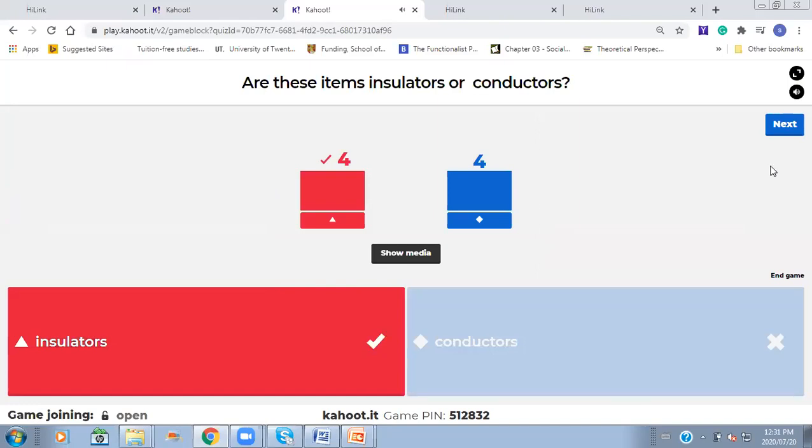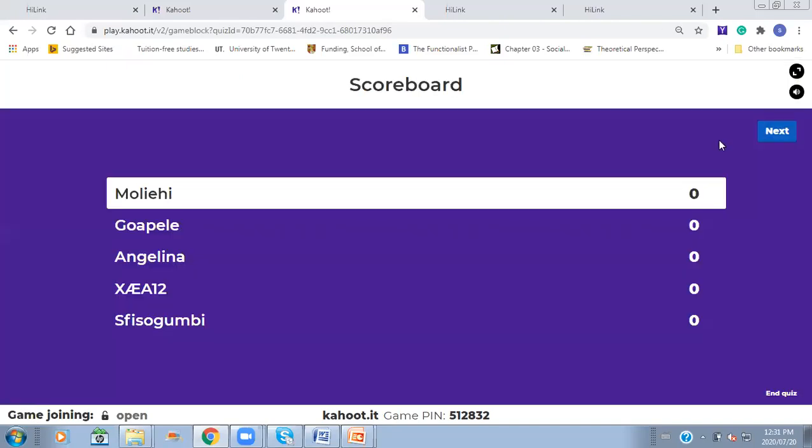The correct answer, they are insulators. So let's see those. Okay, so these people answered: Molehi, Wapele, Angelina, XE12. Yeah, in that order. So let's go to the next.